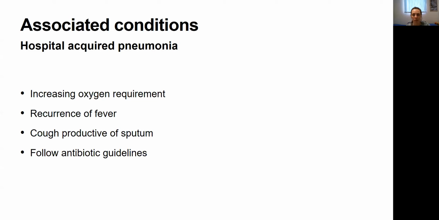It can be difficult to distinguish bacterial superinfection from the normal process of COVID-19, given high fevers, raised CRP, increasing oxygen requirement, and a cough are frequently a feature of the latter. Where antibiotics are indicated, these should be initiated as per the hospital guidelines. There is also another talk about this. Consider whether aspiration is potentially a cause for the HAP and request a review from the speech and language team if that's the case.